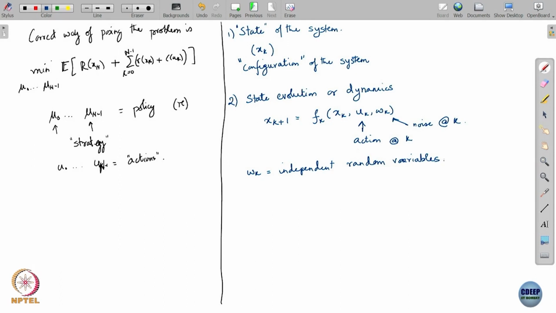Usually, we take these as independent random variables. All right, and they are independent of each other, and their distribution cannot be decided using your actions. Okay.